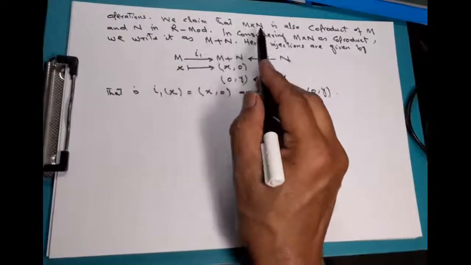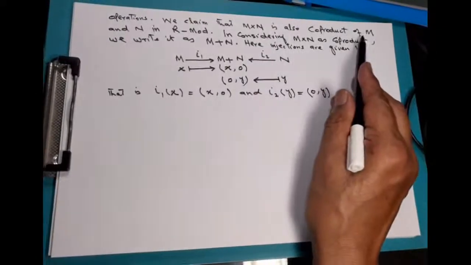So we claim that the same thing, M cross N, is also a co-product.